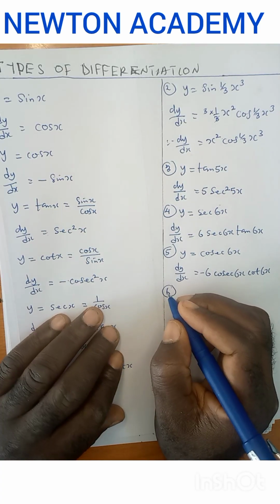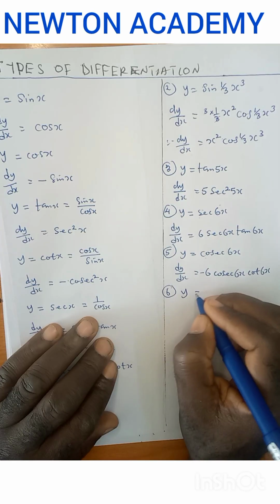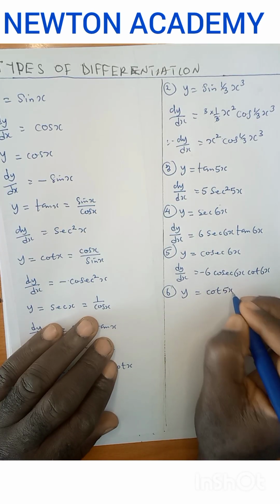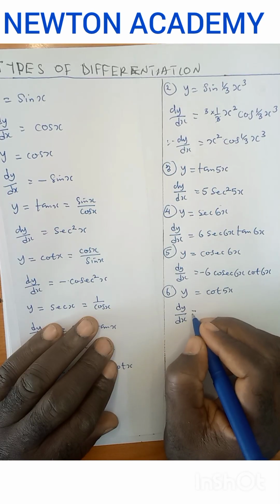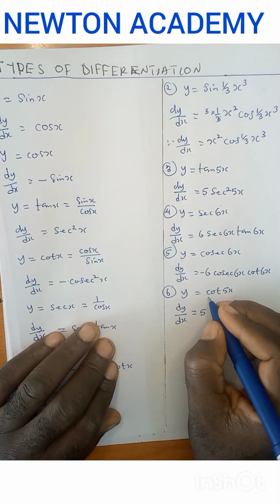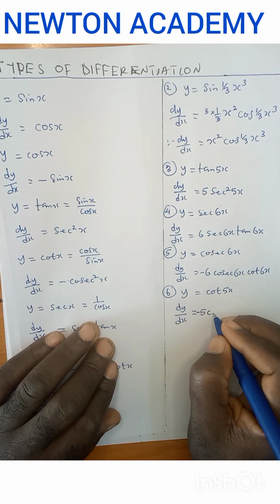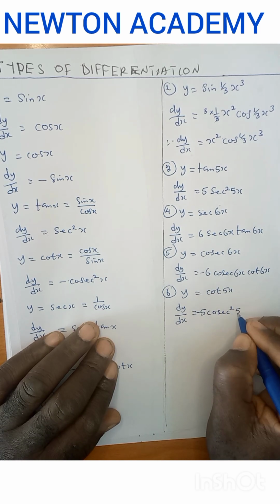Now let us take a look at another one here. If you are given y is equal to cot 5x, here dy/dx will be equal to, you differentiate 5x, it will give us 5. When you differentiate cot, it will give us minus cosec squared 5x.